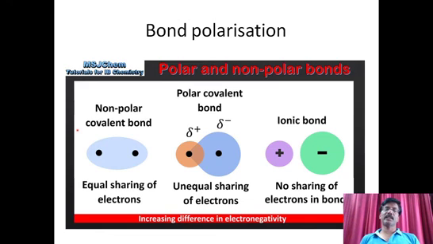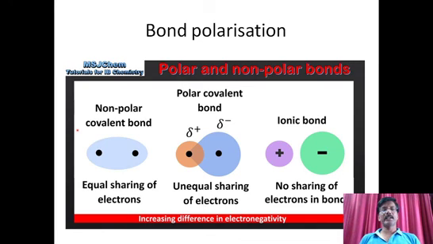So in such a combination, one atom gets more electron cloud and therefore a partial negative charge, and the other atom has less electron cloud, therefore a partial positive charge. So this kind of positive and negative charges are developed on the atoms. Therefore, polarity is developed. Since the bond has polarity character, that kind of bond is called a polar covalent bond. This is the second type of bond.